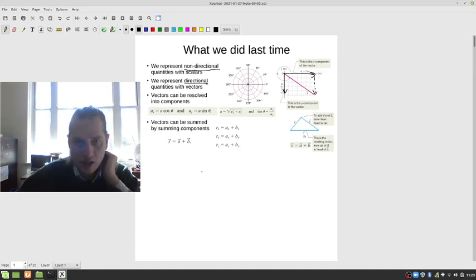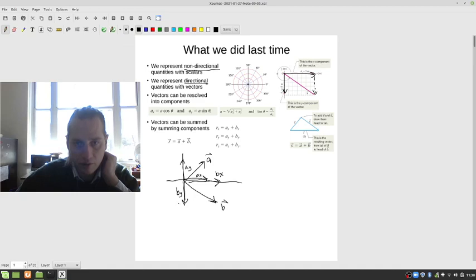So, for instance, here is my a plus b. If I were going to draw a as one vector and b as a different vector like this, my a would have an ax and an ay component. My vector b would have a bx and a by component.